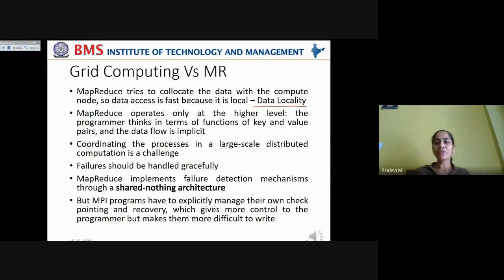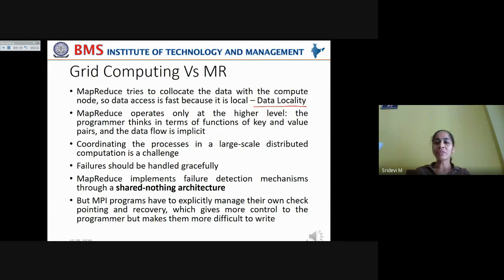MapReduce operates only at the higher level. The programmer thinks in terms of functions of key and value pairs, and the data flow is implicit here. The data flow is not actually shown, how it runs between the map and reduce jobs, but everything is handled at an abstract level in the form of key value pairs.